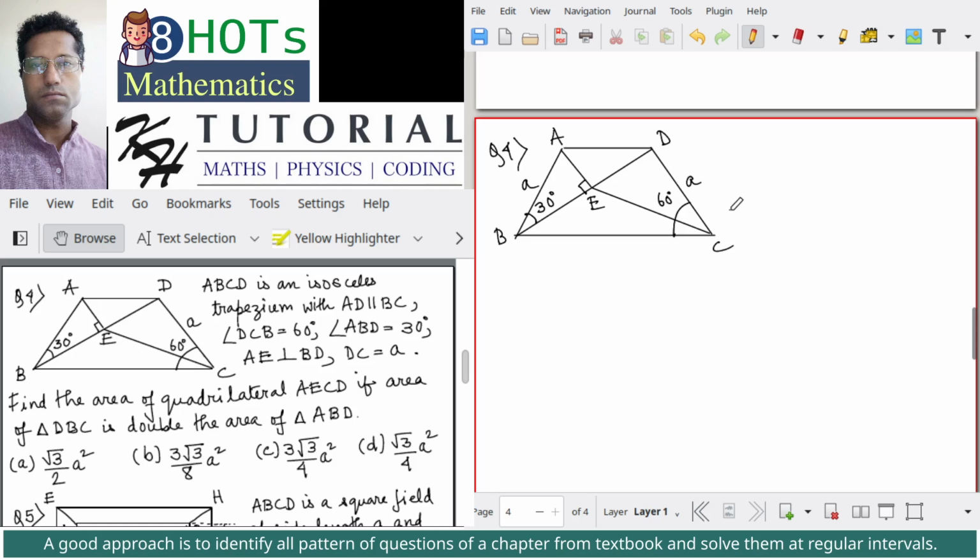What else is given? Okay. It is asking to find the area of quadrilateral AECD, if the area of triangle DBC is double the area of triangle ABD.